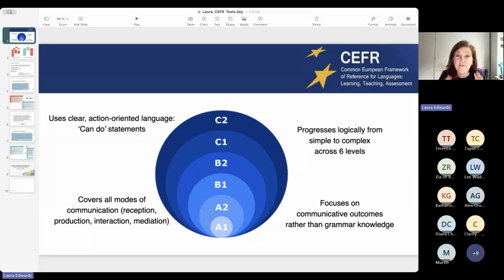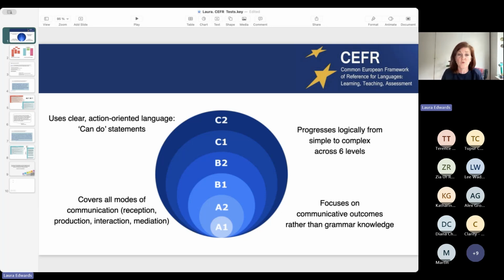Okay, so just a very quick reminder of the CEFR. As you know, it's 20 years now. The Common European Framework of Reference is now used all over the world and is a benchmark and a standard for test development, assessment, and curriculum design, material design around the world.